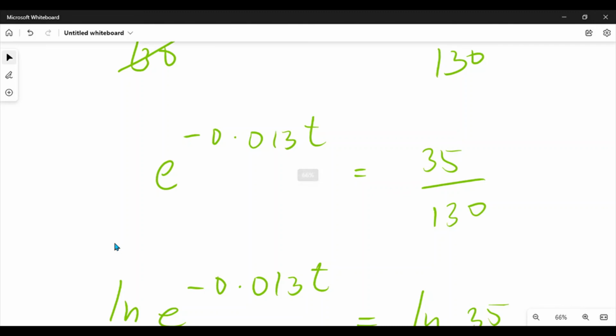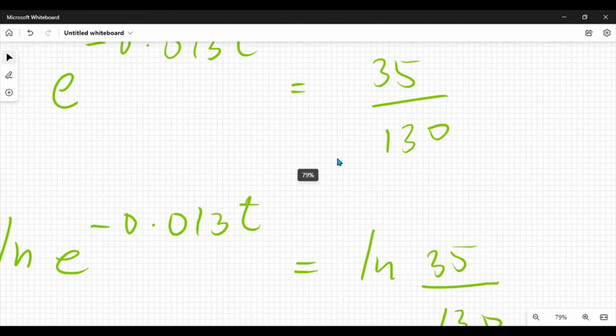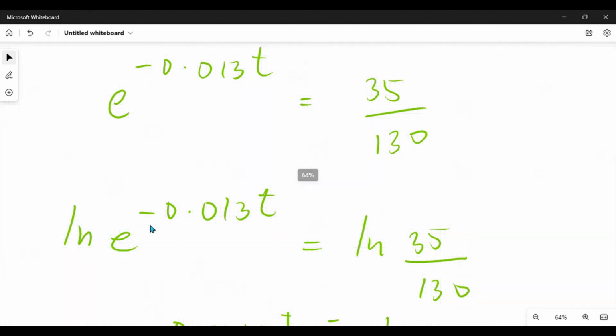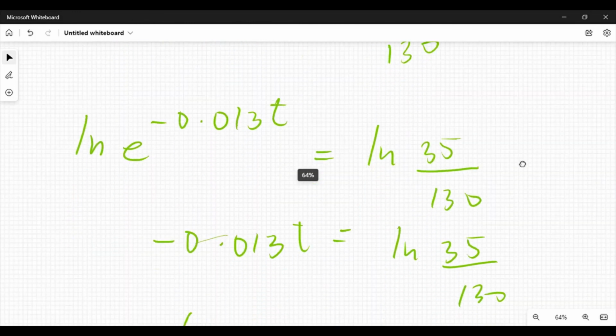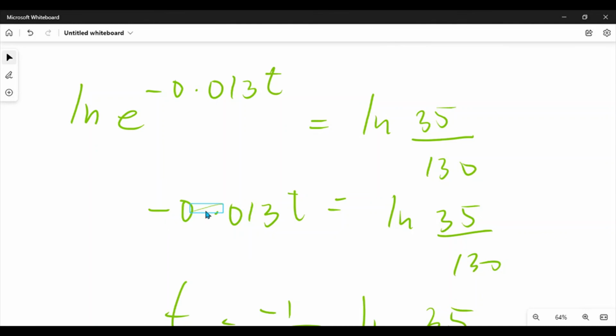Just like what we did a while ago, we take the natural logarithm of both sides of the equation to get rid of the e, the Euler's number. So we have ln of e raised to negative 0.013 t equal to the natural logarithm of 35 over 130. So e is removed already.